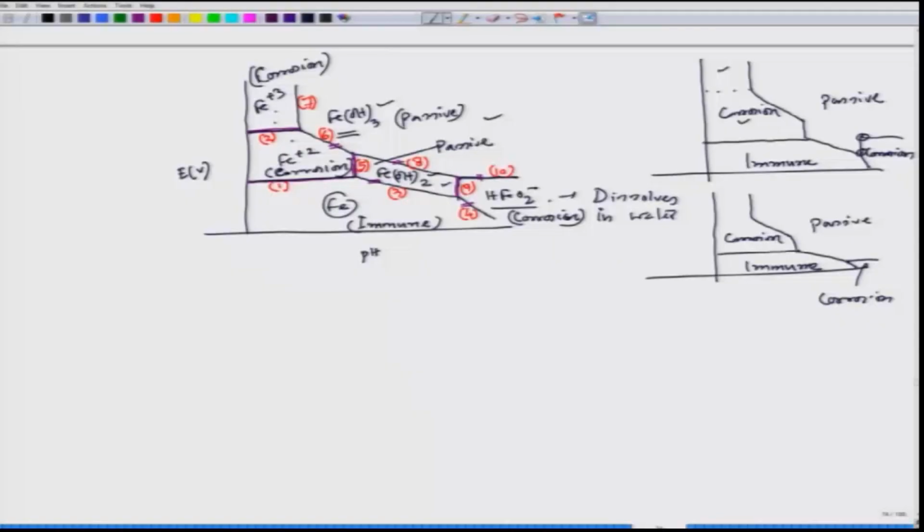Now, here one thing you have to do, that is, we have to also indicate your water reactions, this is the hydrogen reaction and this is, let us say, the oxygen reaction line. So, then it becomes complete.